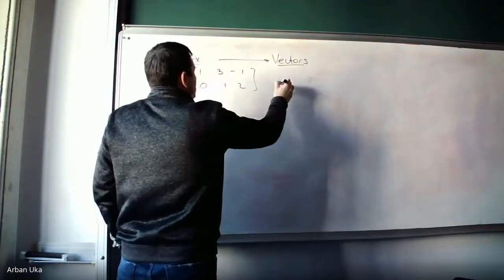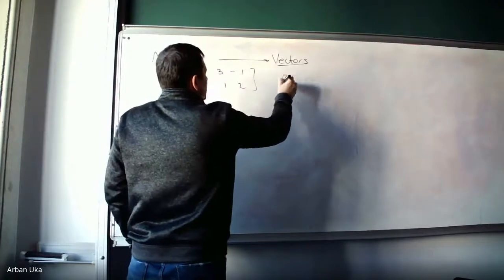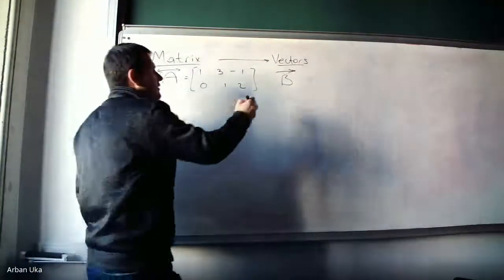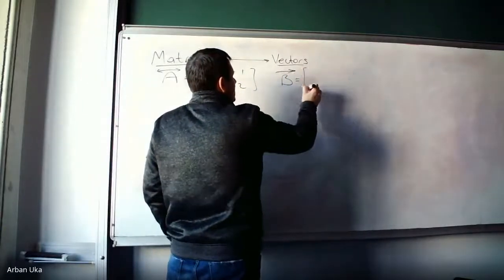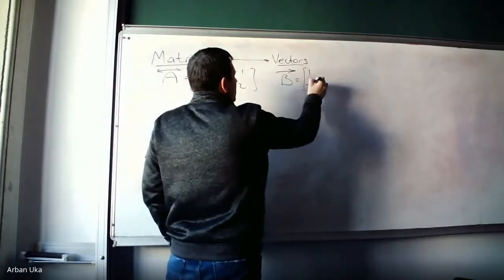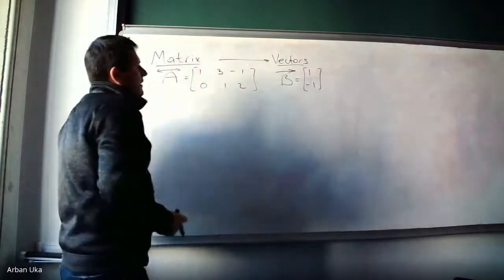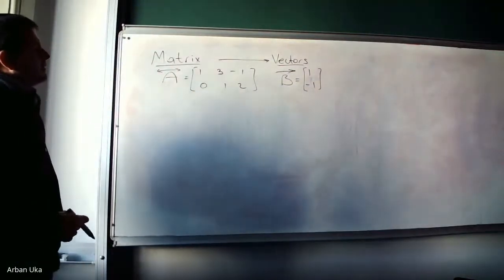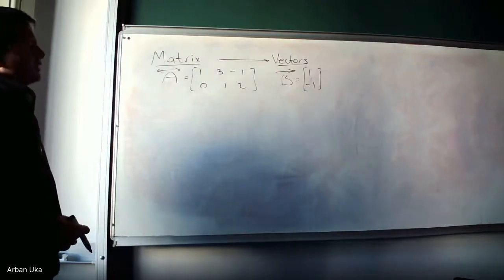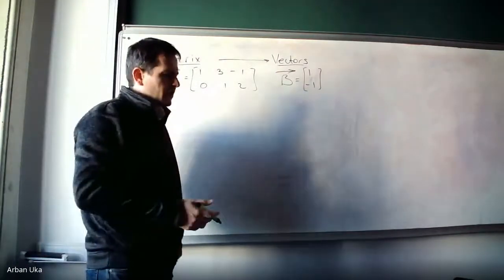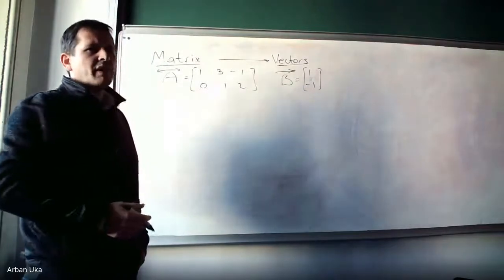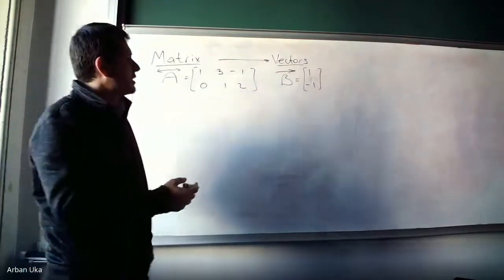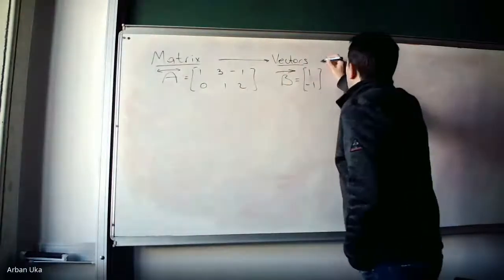Okay, a vector. So this is a vector, and a vector B is anything that looks like this: 1, minus 1. Okay, and then with a combination of vectors, we can define planes.